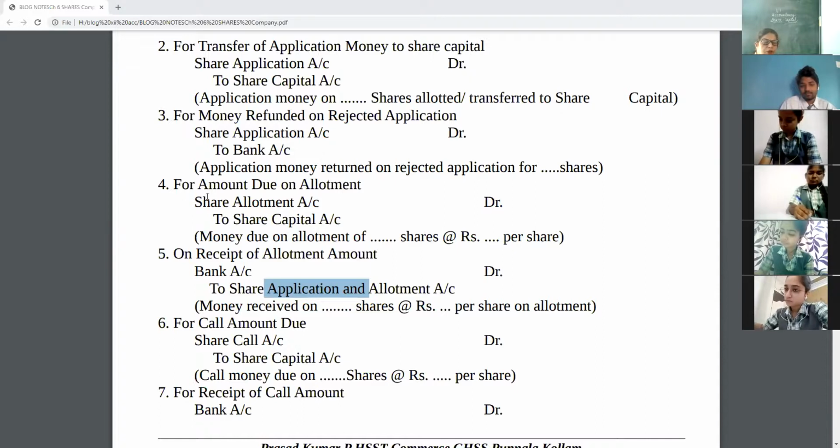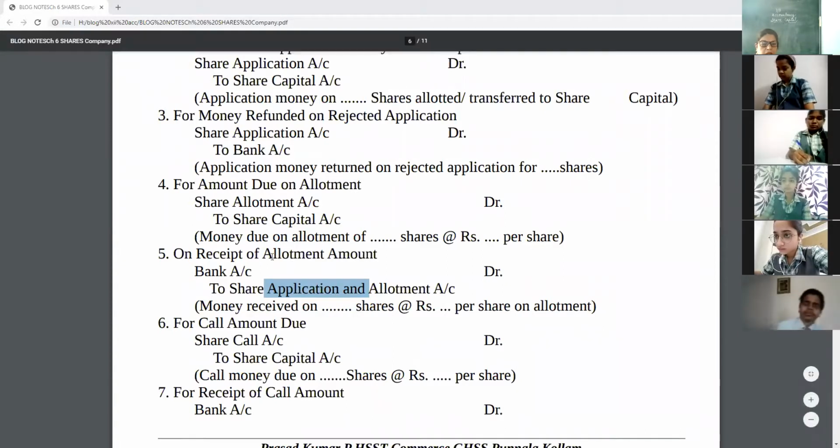Here the fourth step is share allotment account debit. Now company will give share first call account debit to share capital account. See this entry and this entry, that step is allotment step.